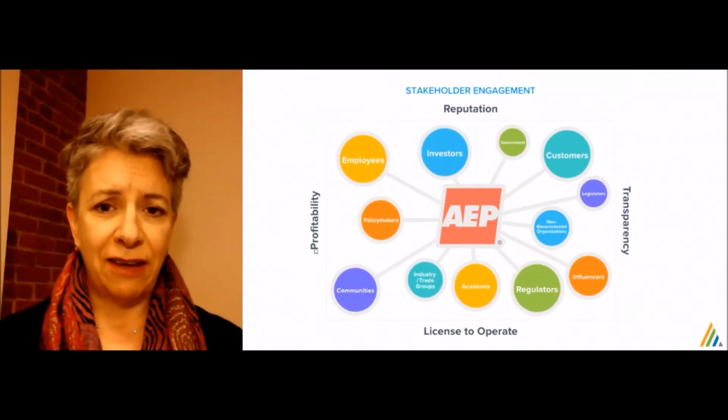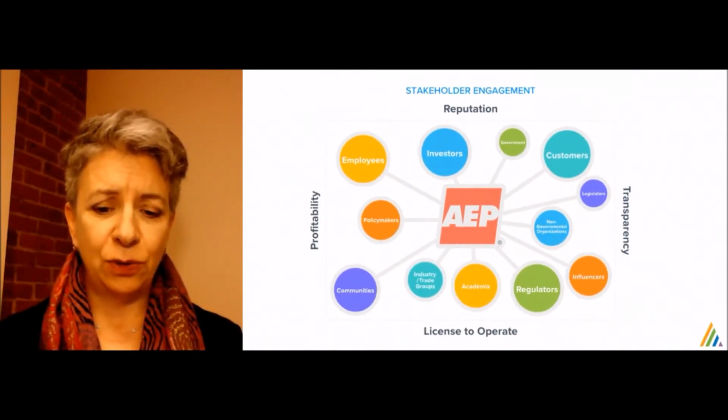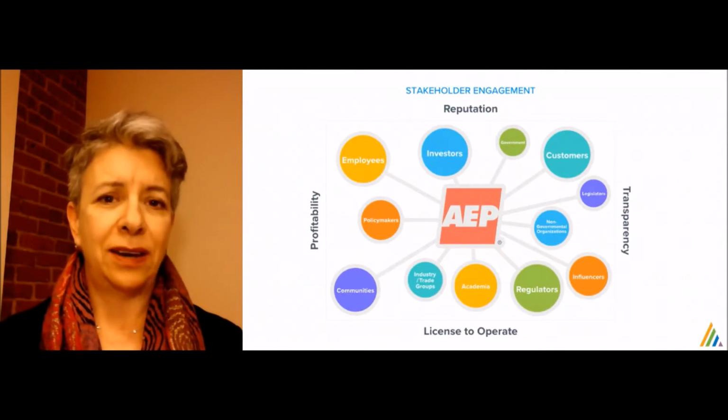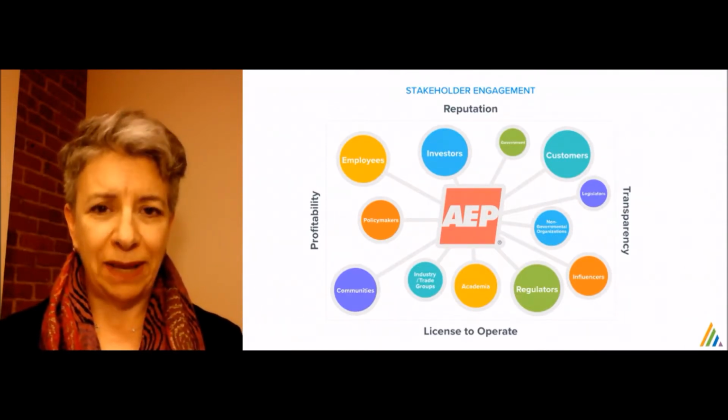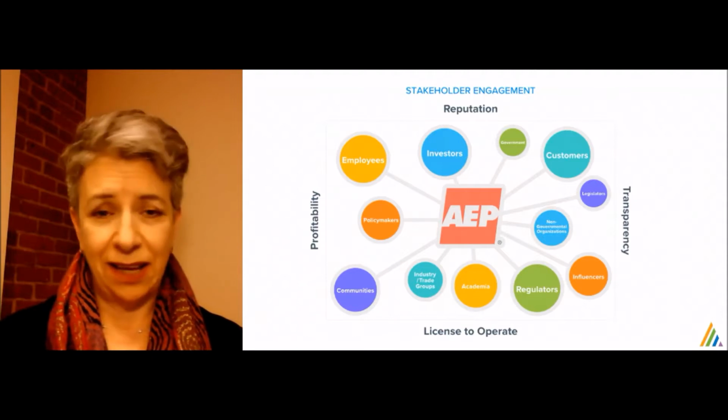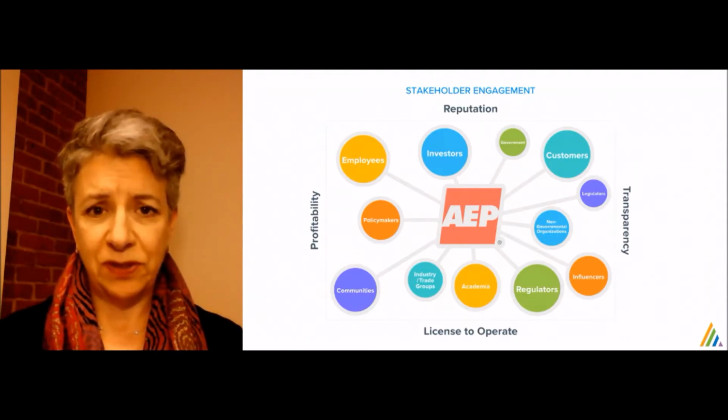So again, these are high level, but they tell you a lot about the thinking that's going on in companies and help make sense of a lot of the data and narrative presentations that end up in these reports.